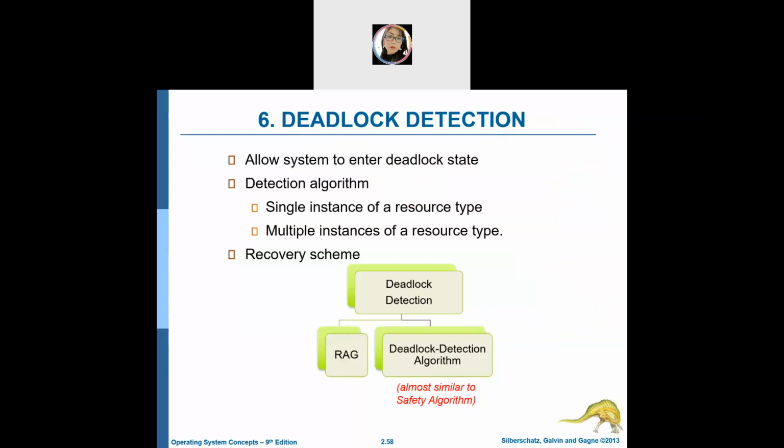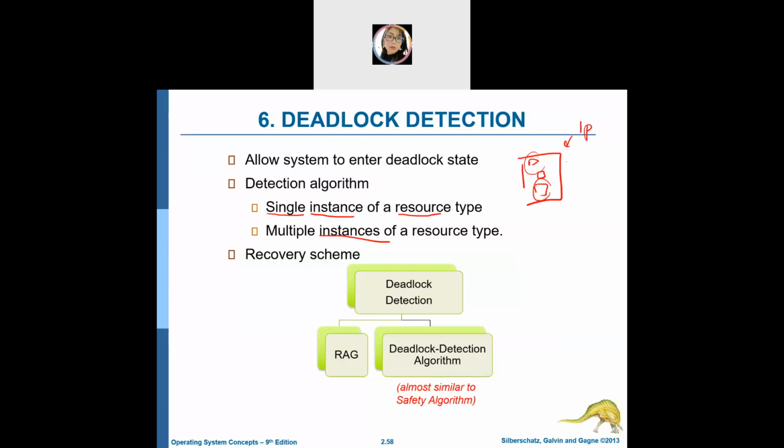So the detection algorithm can also be divided by whether you have only single instances for the resources. Last time you remember, if you have one instance, you can only assist one process only. If you have several, it depends on how many instances you have.